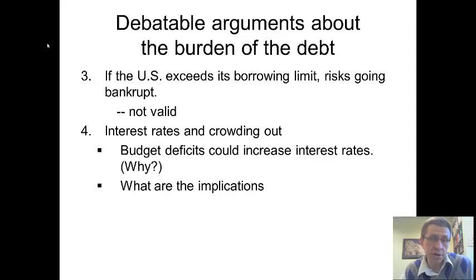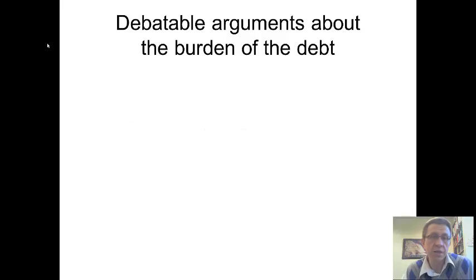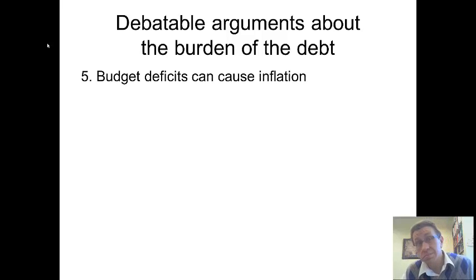But that means interest rates are higher. Well, if interest rates are higher, that should make firms less likely to make new investments. This is an issue. So interest rates could go higher. The implications of that are not good. If interest rates are higher, investment becomes more costly for firms. Firms might invest a bit less.